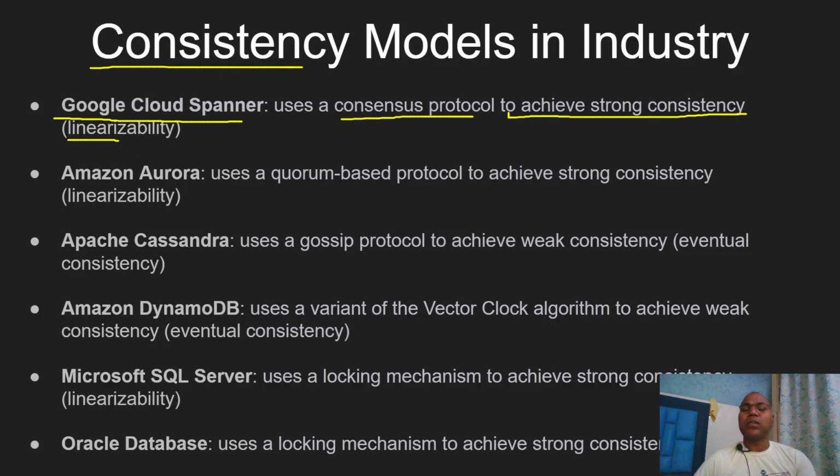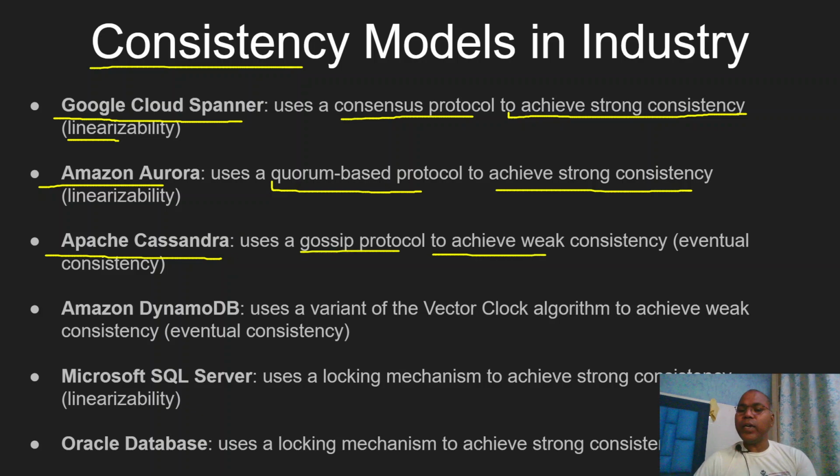Similarly, Amazon Aurora uses a quorum-based protocol to achieve strong consistency. Even Apache Cassandra uses the gossip protocol to achieve weak consistency, that means eventual consistency. If you use the Cassandra database, it supports eventual consistency.